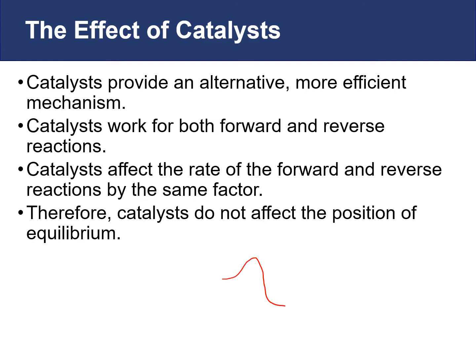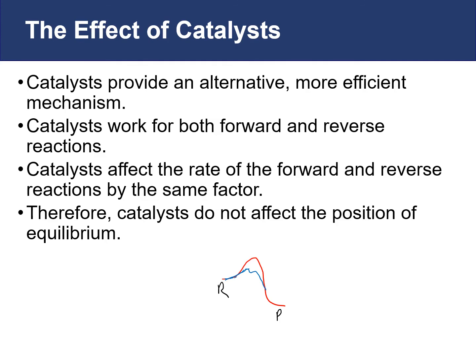So if we take our potential energy diagram, and this is our reactant and our products, if we provide an alternate mechanism, one that has a lower barrier, it maybe is a two-step process, but both steps have a lower barrier. This reduces the height of the barrier in both directions.